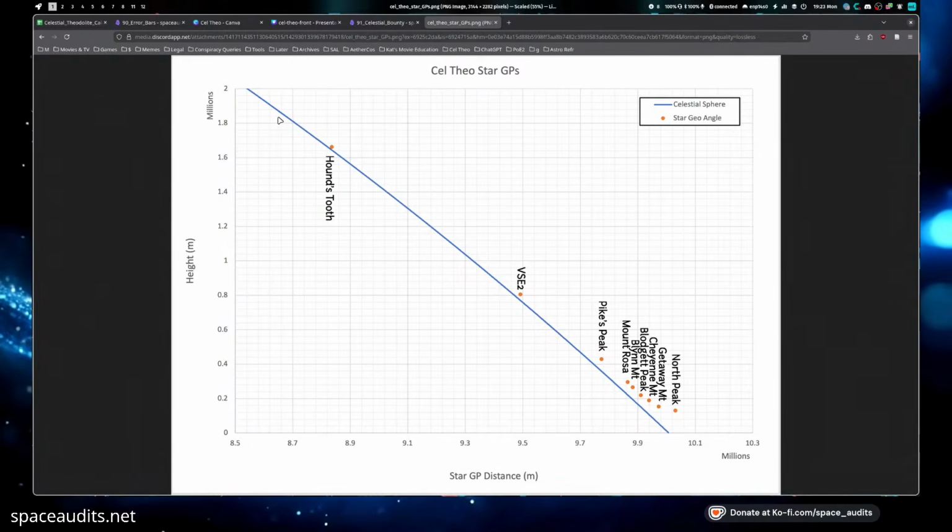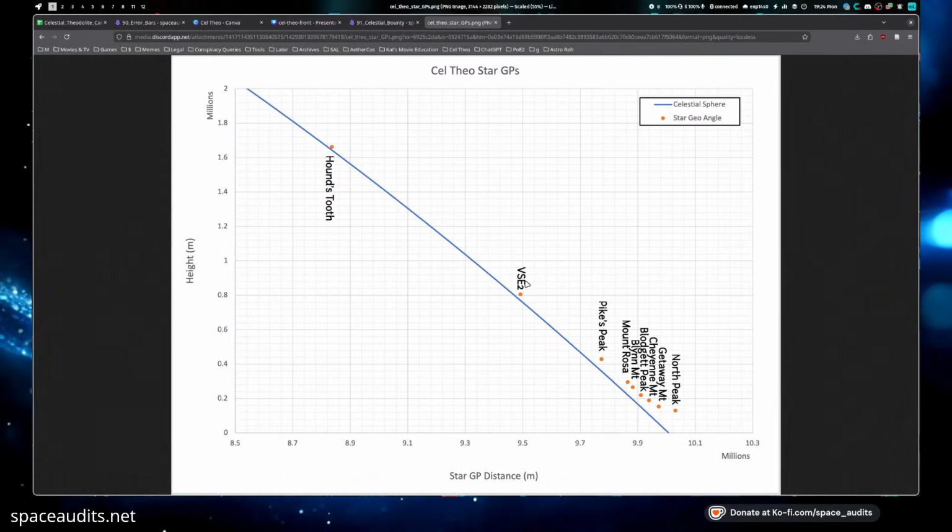Yes. Okay, so this would be the stars following the perfect celestial sphere going down at 15 degrees per hour or whatever. And then this is the deviation that was measured at the time of occlusion for their geometric angle. So as you can see, for Hound's Tooth, when the angle was 10 degrees, it was high in the sky, the occlusion follows the celestial sphere pretty closely.